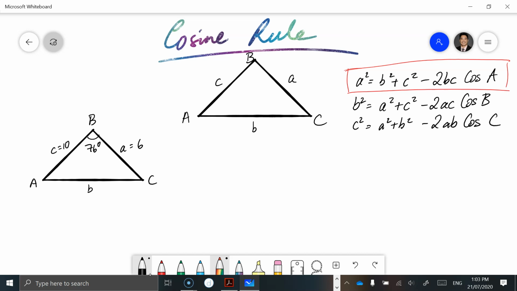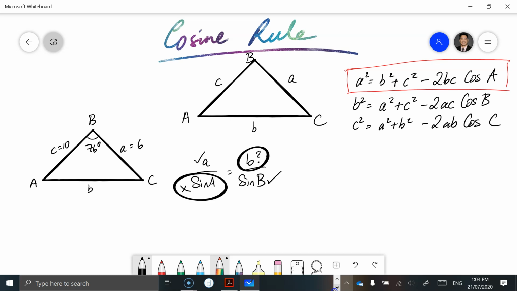If we relied on the sine rule, a over sine A is equal to b over sine B, we do have a, we don't have b, we do have sine B, but we also don't have sine A. So the information is incomplete because we have two unknowns.